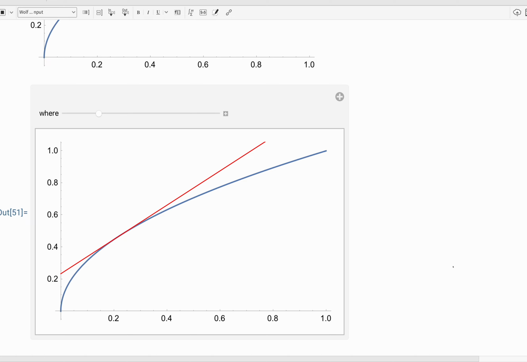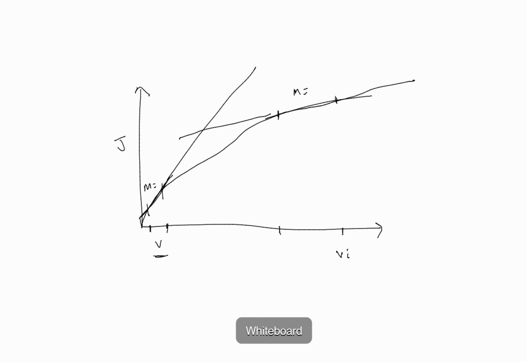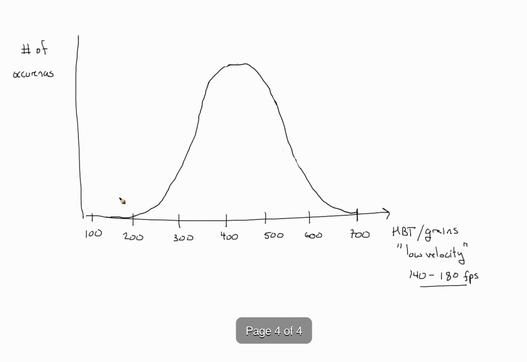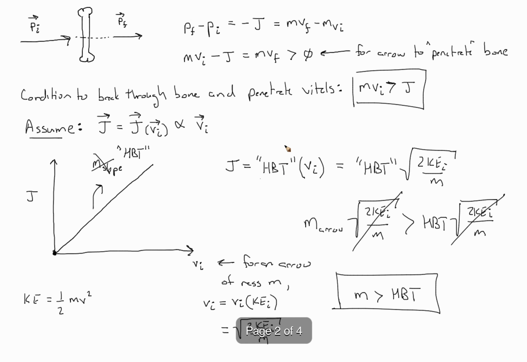And what do I mean by that? So let's go back and again look at some of these pictures. Let's imagine this is a normal distribution, and what I have on the vertical axis here is the number of occurrences, and on the horizontal axis here I have the quote heavy bone threshold. And now what this is saying, and I should make this clear about this model as well, is not that this is true for any animal.